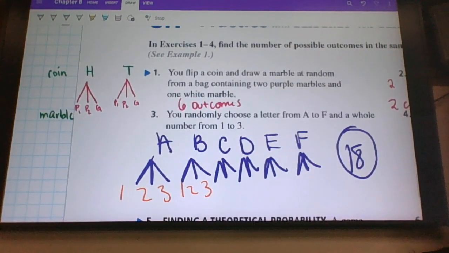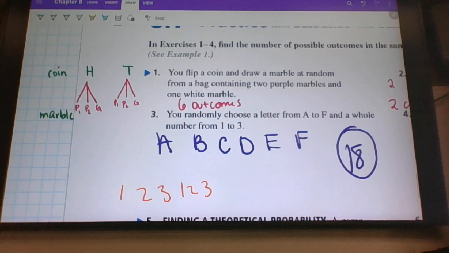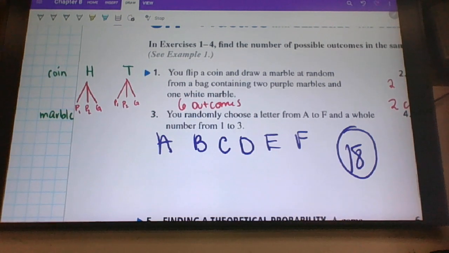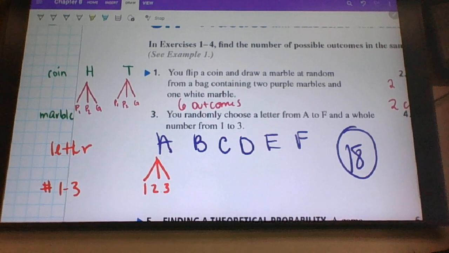And here's number 3. It's a little bit messy. If you're choosing a letter A through F, you can write them all out. And then there's a random number 1 through 3. So for A, we could have gotten 1, 2, or 3 combinations. For B, 1, 2, or 3.